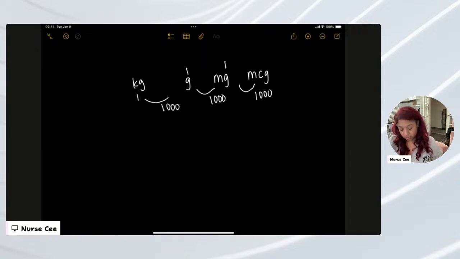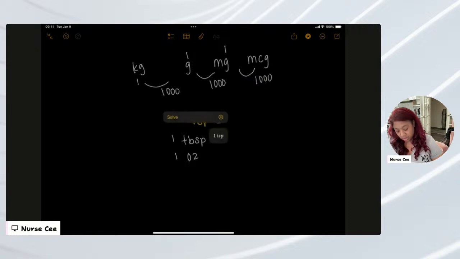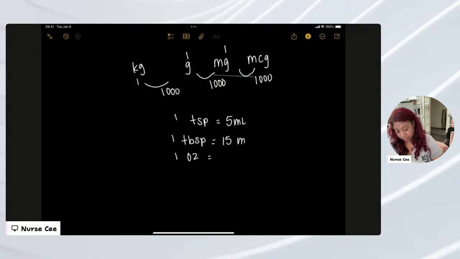And then what else do we need to know? Let's do your household measures, like your teaspoons, your tablespoons, and your ounces. Teaspoon, tablespoon, ounce. So 1, 1, 1. All of these equal a certain amount of milliliters, right? So look, 5, 15, 30.